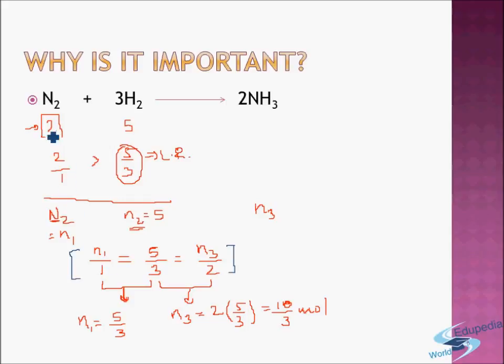So you see why I ignored the 2 moles, because 2 moles of nitrogen didn't actually take part in the reaction. From the last session we can recall that the moles of nitrogen actually taking part in the reaction was less than 2. So let's say that value is N1.